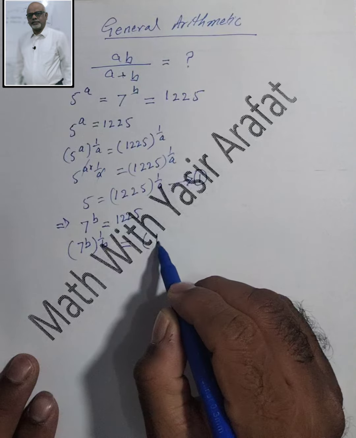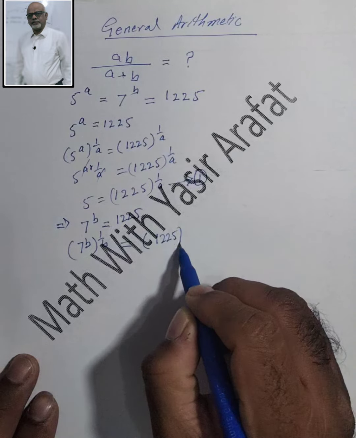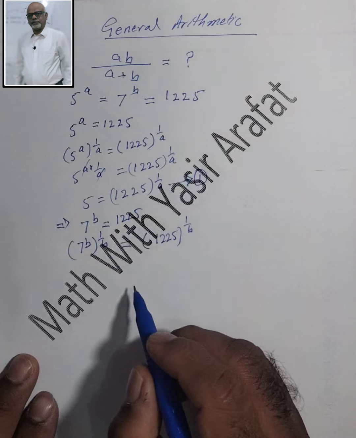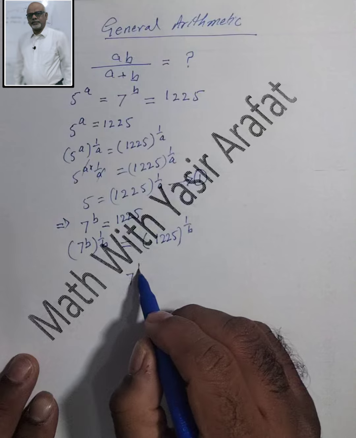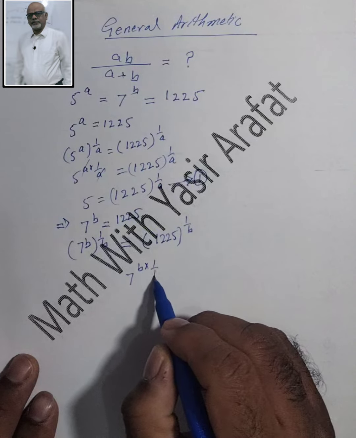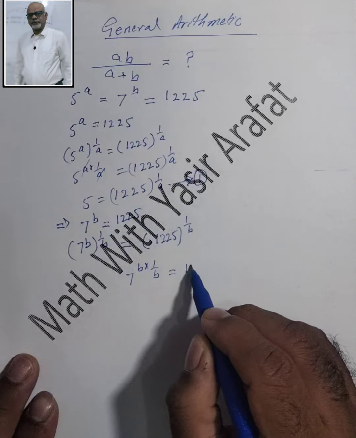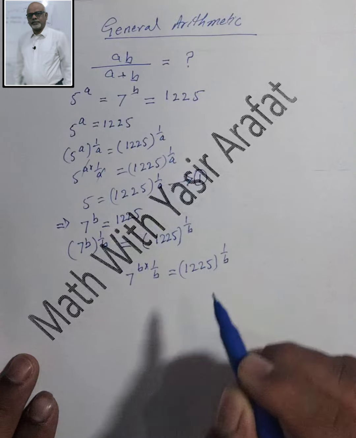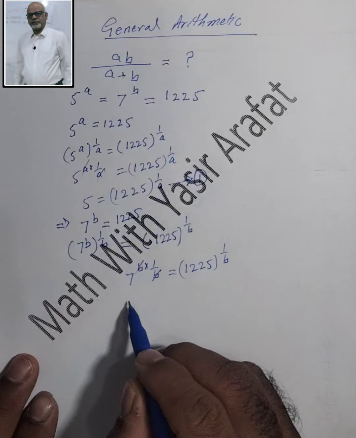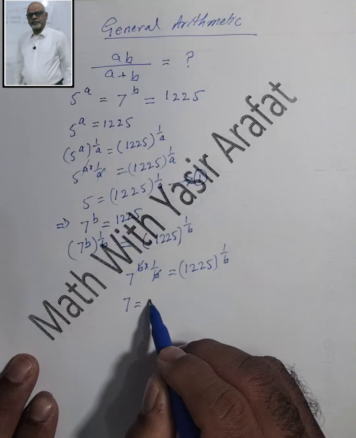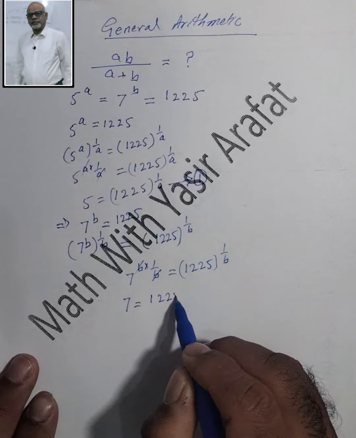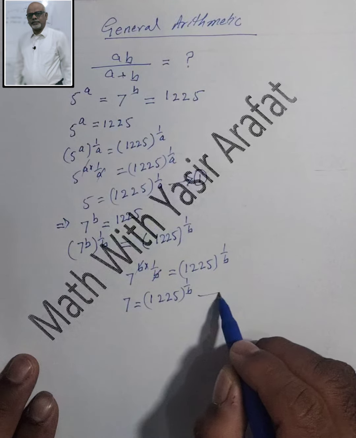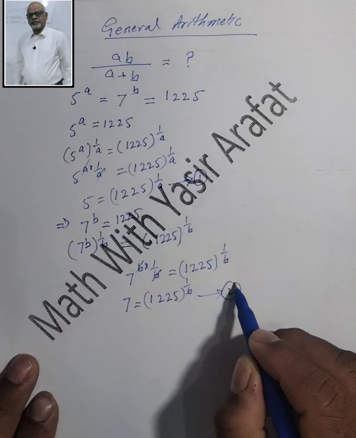We have a double power here, so they multiply, and this b cancels out. So 7 equals 1225 to the power 1 over b. This is equation number 2.